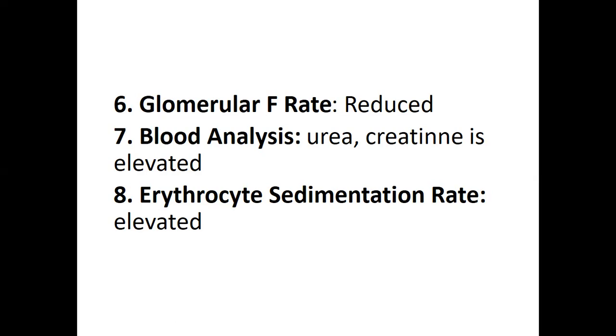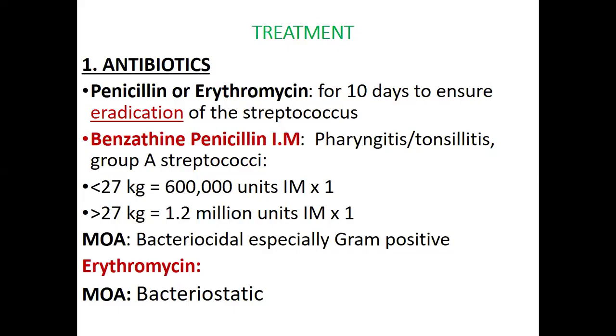Glomerular filtration rate will be reduced since the patient will have oliguria. Blood analysis will show higher levels of creatinine, urea, and other nitrogenous waste in blood, which may cause azotemia. Erythrocyte sedimentation rate becomes elevated because of the toxins in blood.